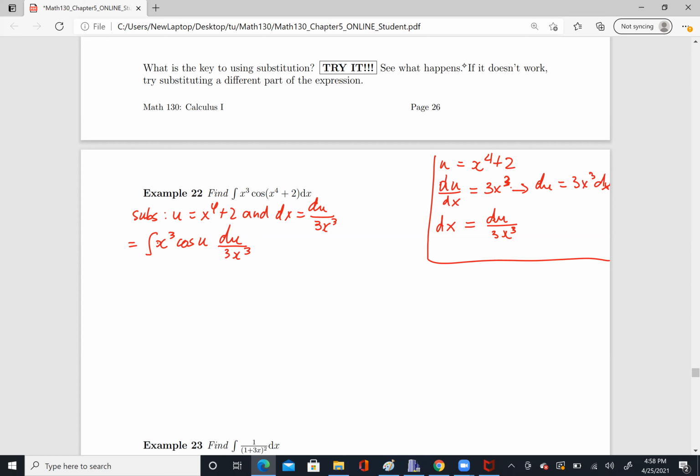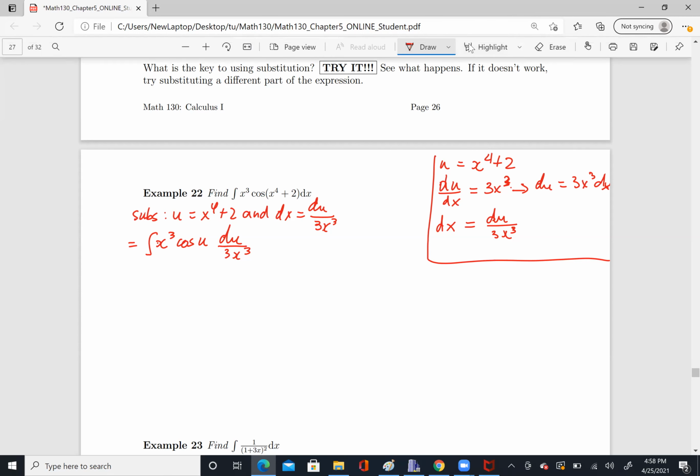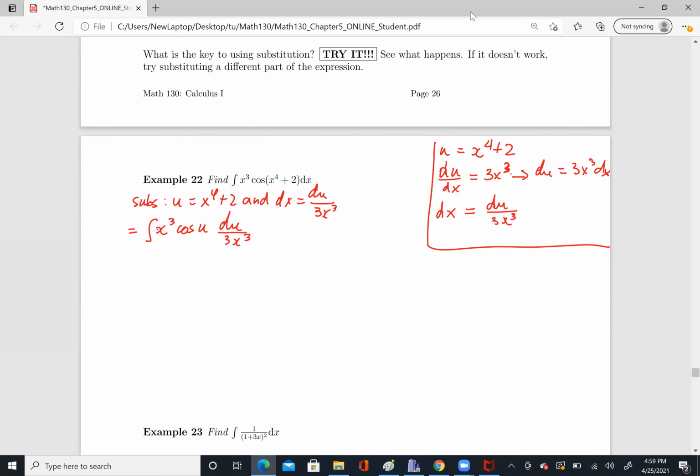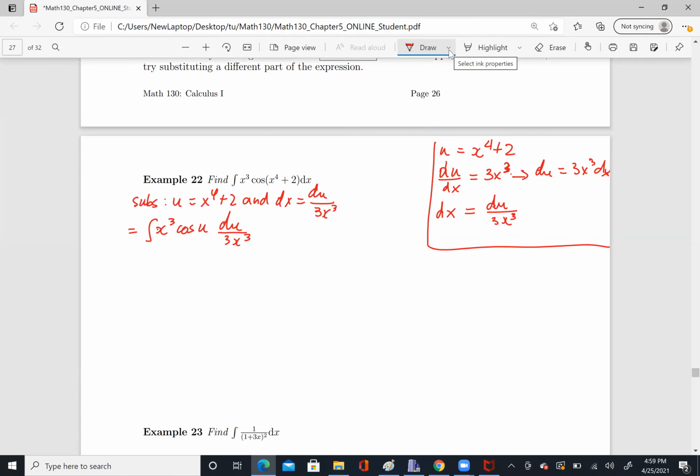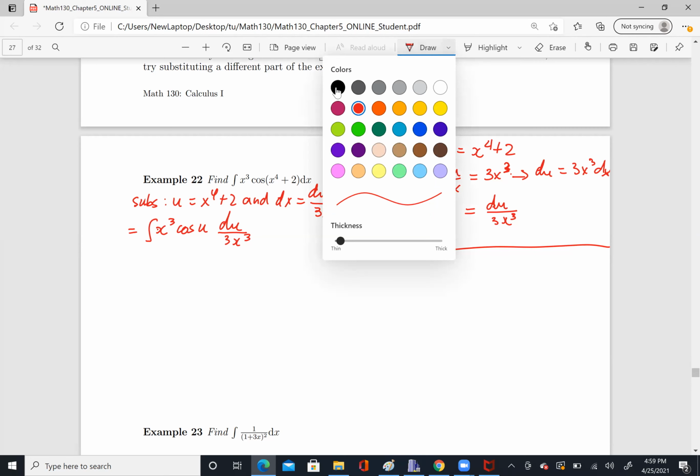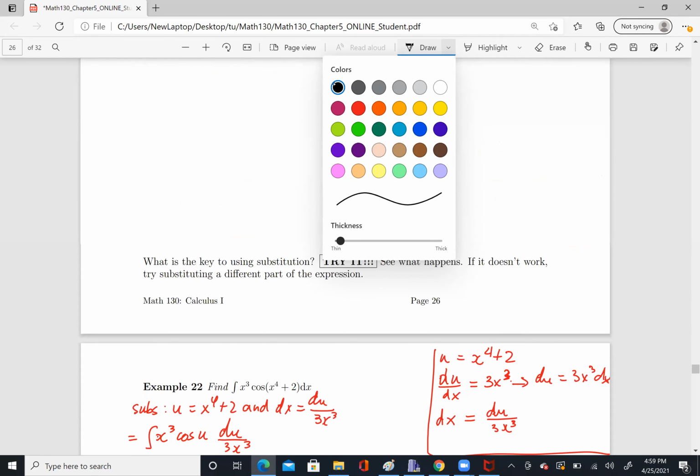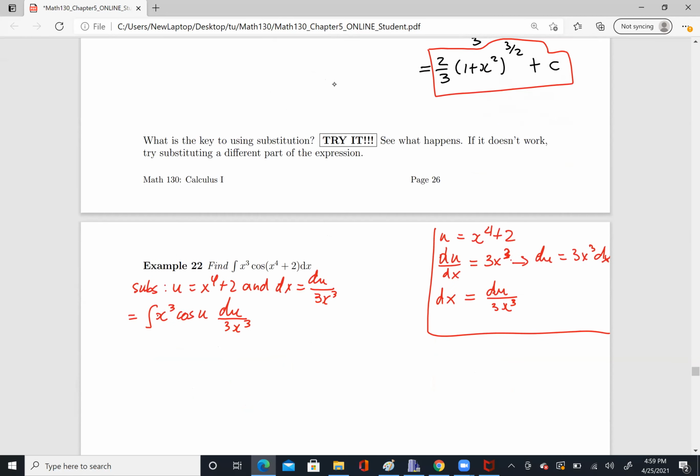And now you see that you can cancel something, because all this is just a product. So you can cancel this and this. Oh, you cannot cancel the 3, right?